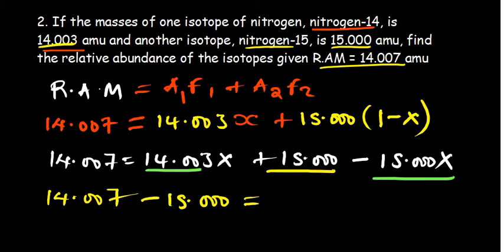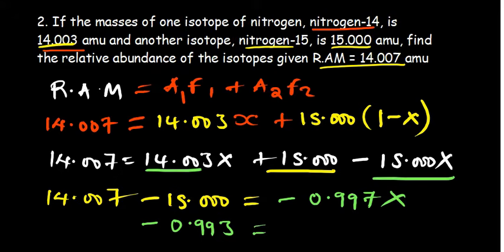14.003 minus 15.00, so we have negative 0.997x. On the left, 14.007 minus 15, we have negative 0.993, equal to negative 0.997x. So divide by 0.997 on both sides.